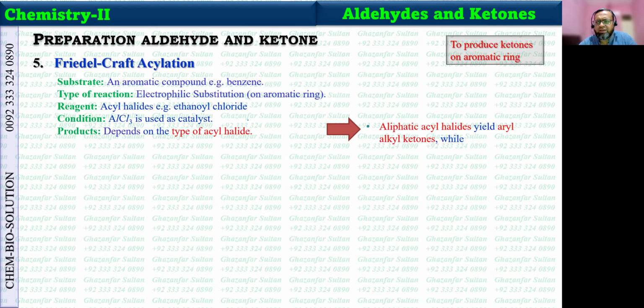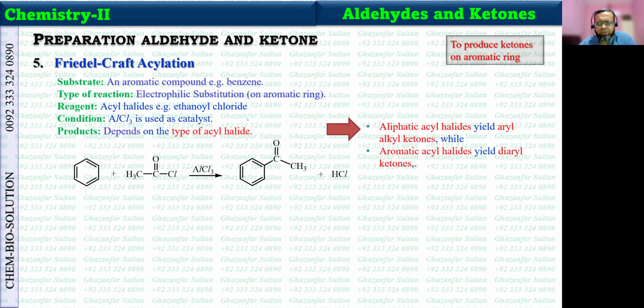So this is called alkyl aryl ketone. But if you are using aromatic acyl halide, then the product would be diaryl ketone, meaning on both sides aryl group is there. See here in this reaction, this group is transferred to the benzene ring. It is substituted by electrophilic mechanism that we have studied when we studied benzene and its reactions.